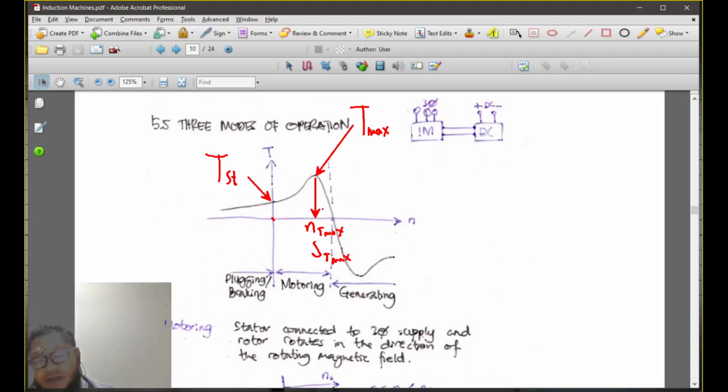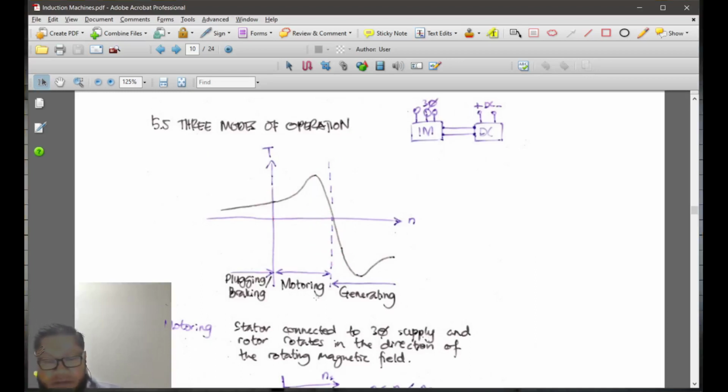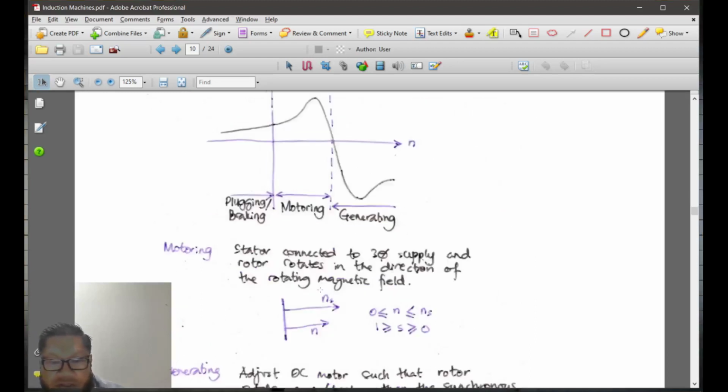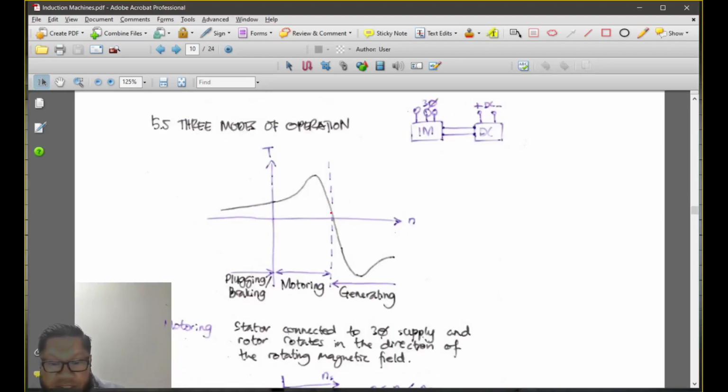And then we have torque equals 0. Here, when you have n equals to ns, there is no torque produced. So this is known as the motoring mode.